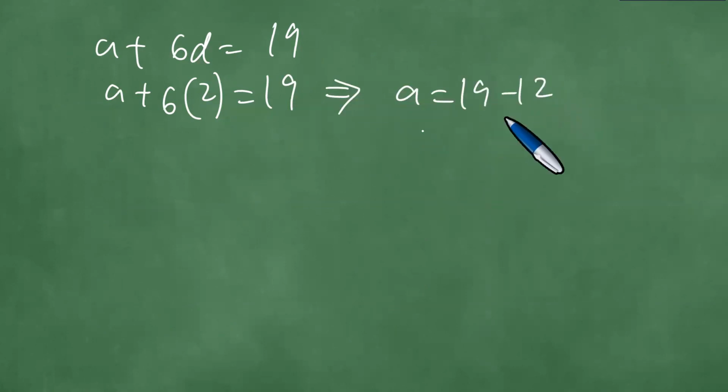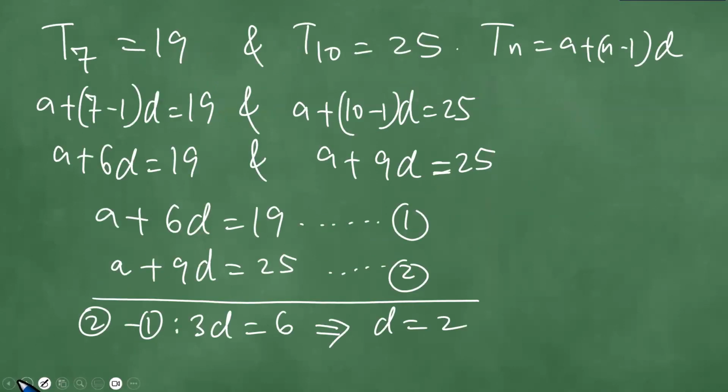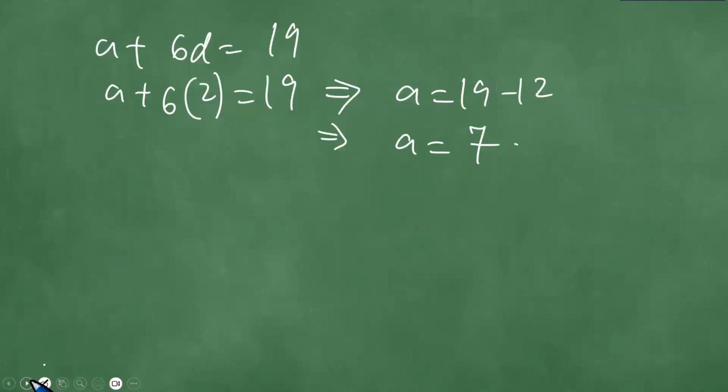So A is 19 minus 12, which is 7. So we have A and D as well.